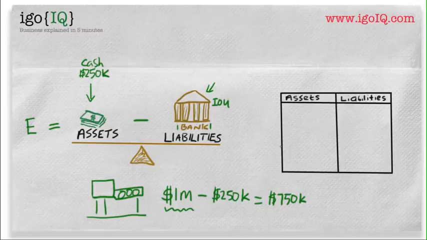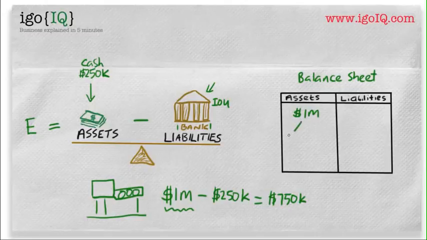So if we translate this over to our very basic, simple balance sheet, and that's just what this is, a depiction of our assets and liabilities, we can see that here our assets total $1 million. That's for the machine.